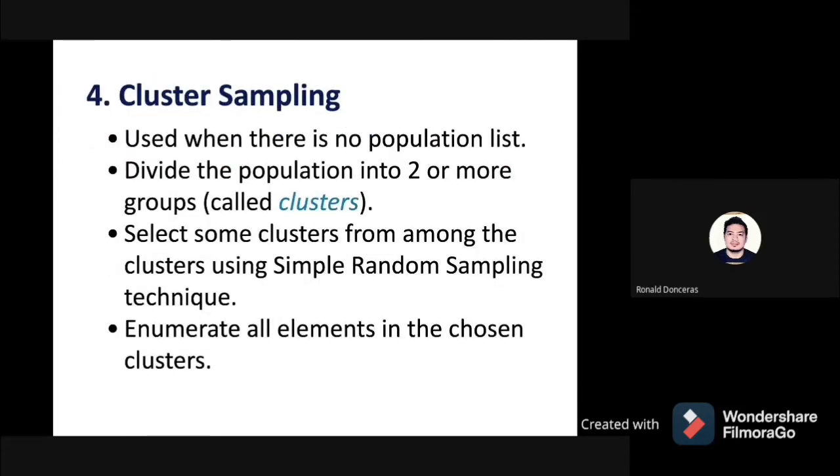Okay, this is used when there is no population list. Meron siyang similarity dun sa previous stratified, kasi si stratified it also use large population. However, ang pinagkaiba nilang dalawa, sa cluster kasi walang naka-specify na population list. Kung halimbawa, ito yung scenario. Halimbawa, pipili tayo ng sample size tapos hindi natin alam kung ilan ba yung populasyon, walang population list.